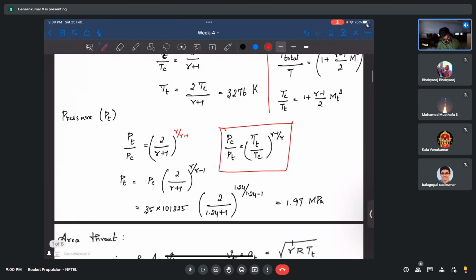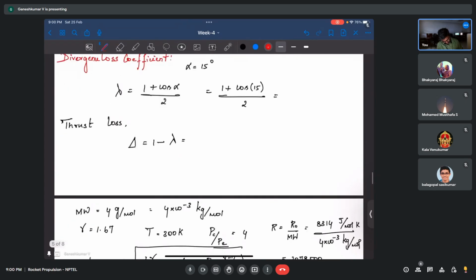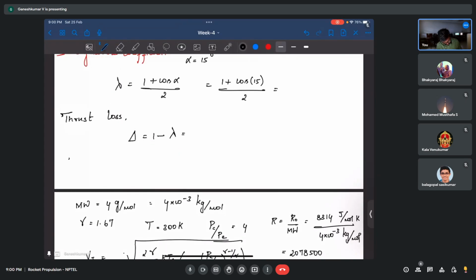The exit area of the nozzle, which again you know is easy. You know the expansion ratio, AE by AT.